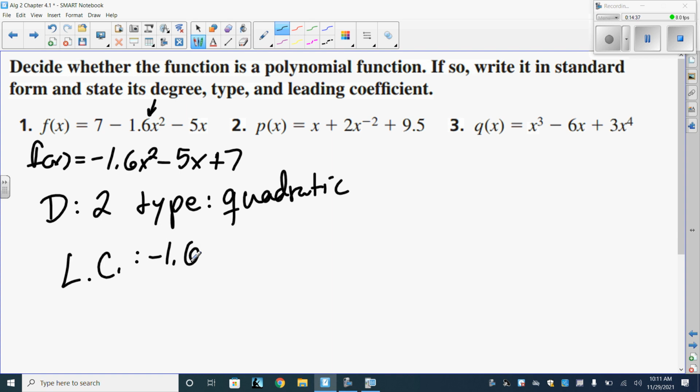Now number 2 would be not a polynomial because we have x to the negative 2. Any other questions on these here? All right.